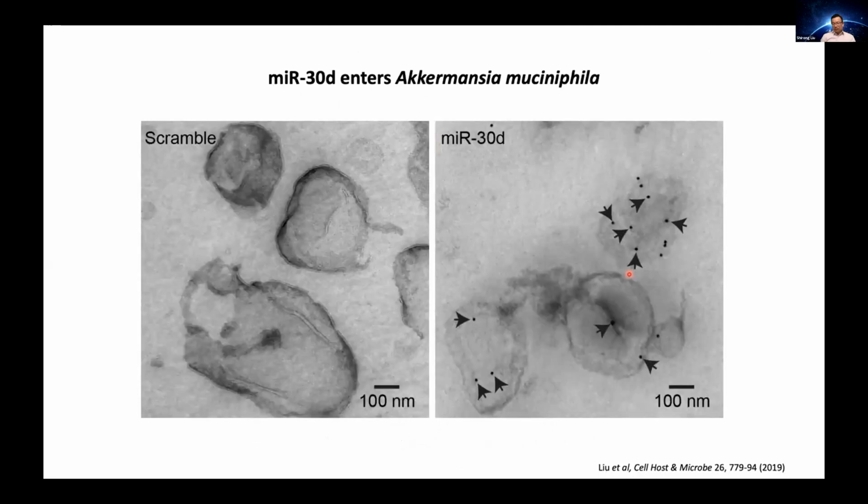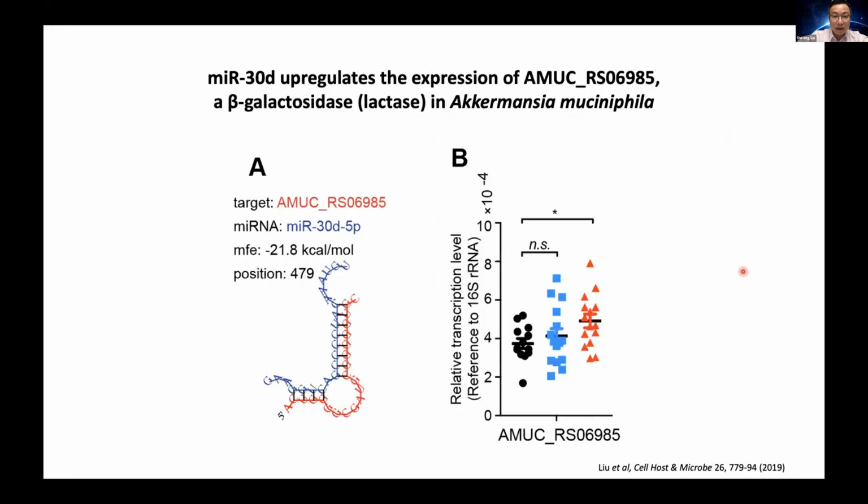So we asked whether this particular microRNA, miR30, can regulate Akkermansia. First, we look at whether this microRNA can get into the bacteria, which, as we show here with the electron microscopy result, it does get into the bacteria, and by informatic analysis, this potentially can regulate this particular gene in the Akkermansia.